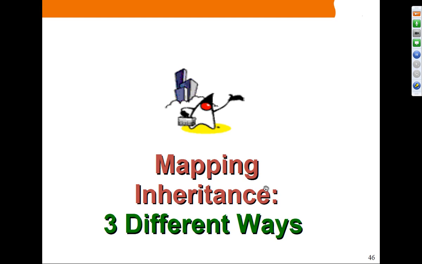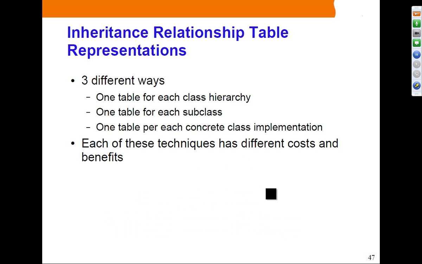Okay, so we have looked into the relationship from a cardinality standpoint. Now we are going to look into the relationship from an inheritance standpoint. The mapping of inheritance between classes can be represented in three different ways in tables.